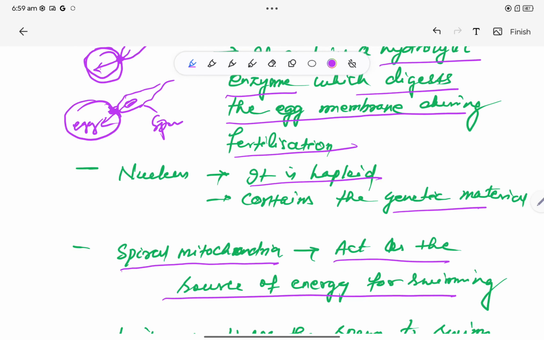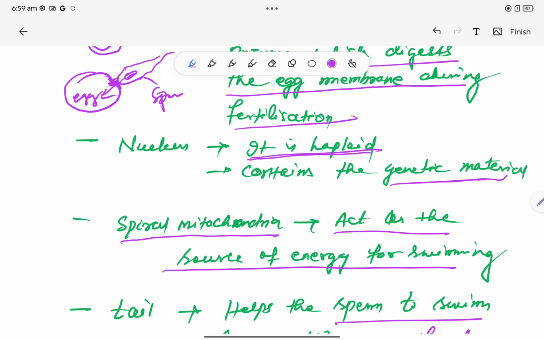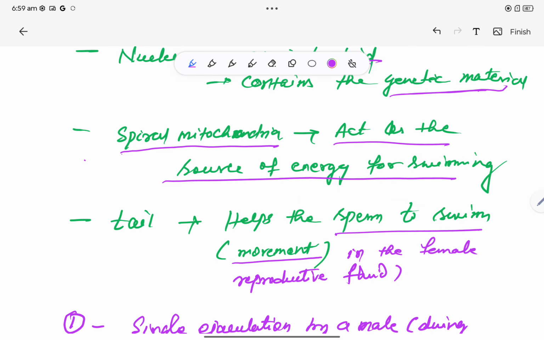The nucleus is haploid because sperm is haploid, and it contains the genetic material. Then the spiral mitochondria acts as the source of energy for swimming of the sperm.